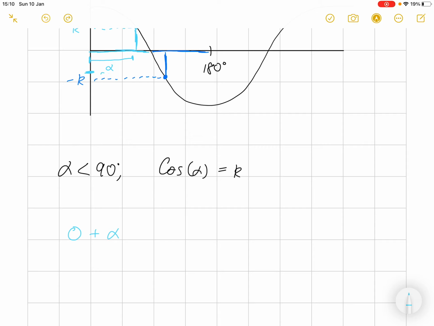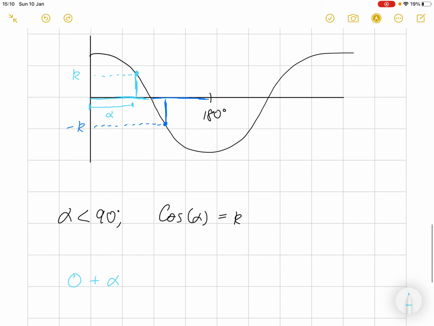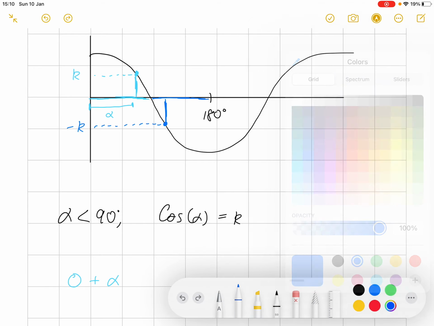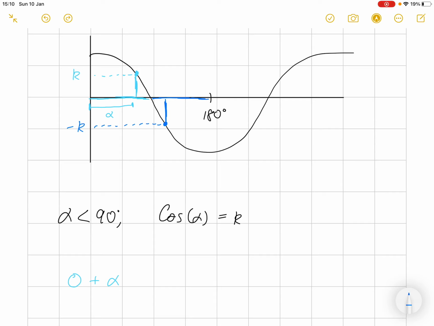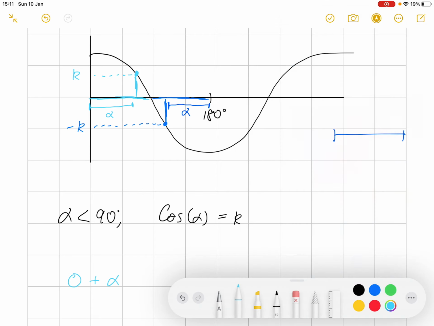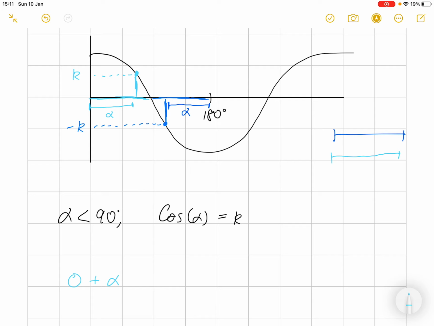We could go along two units or three units, whatever, but we just go across alpha. Because I said here that this distance here is the same. If I draw out again this distance here, this is still alpha. That length there is alpha. They're the same length. If I were to draw them like this, maybe, they're still the same length. They're both equal.